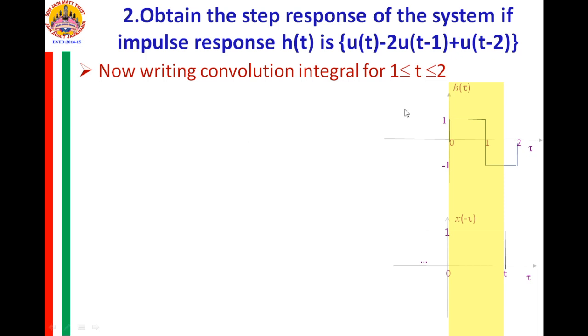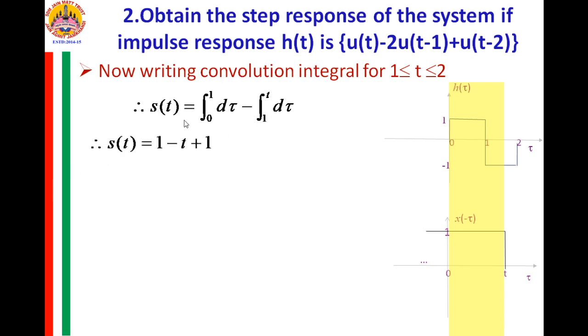Now in the range of 1 to 2, you observe that integration from 0 to 1 the amplitude is 1, and 1 to t the amplitude is minus 1. So 0 to 1 d tau, and then from 1 to t it is minus 1. So the integration of this is tau, and when you substitute the limit of this it is 1, and of this second part it is minus of t minus 1, so minus t plus 1. So overall s of t is 2 minus t.